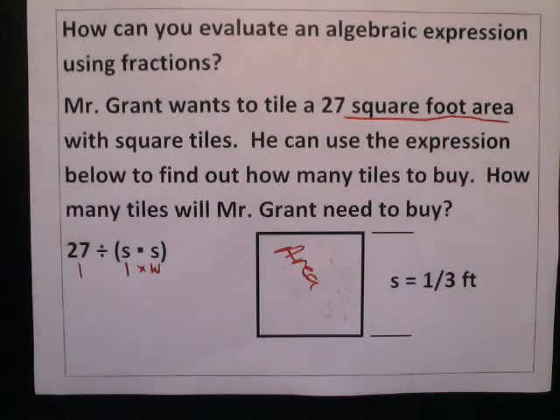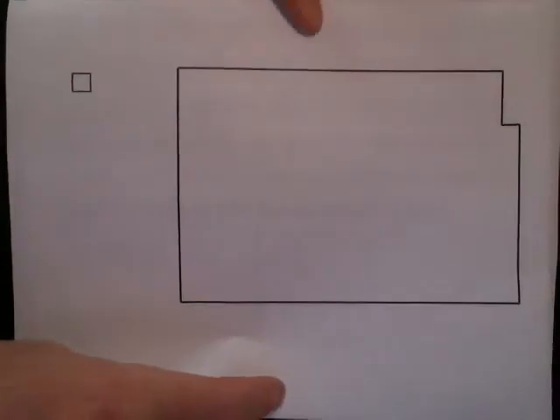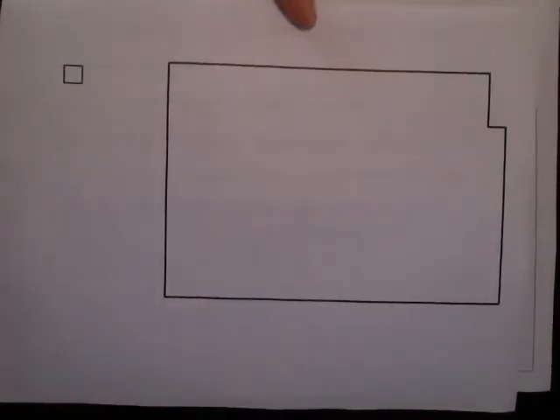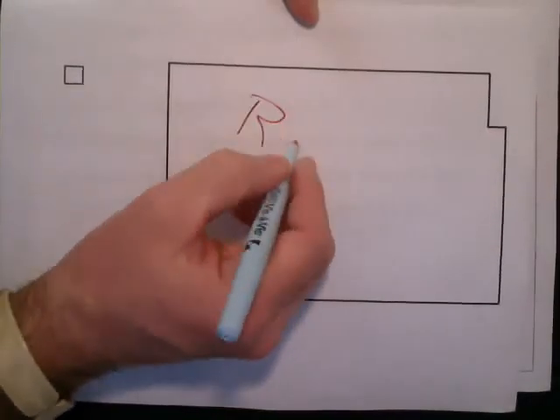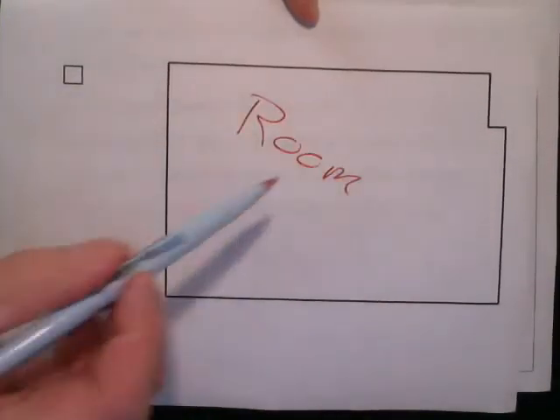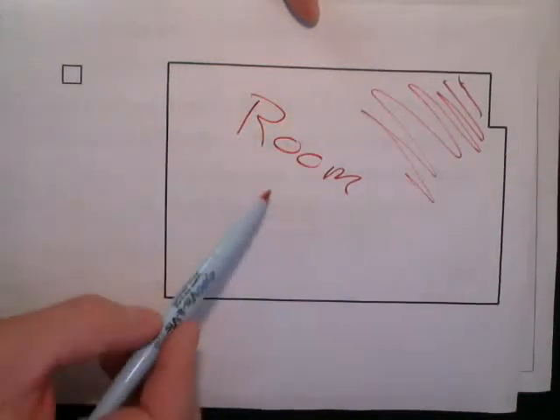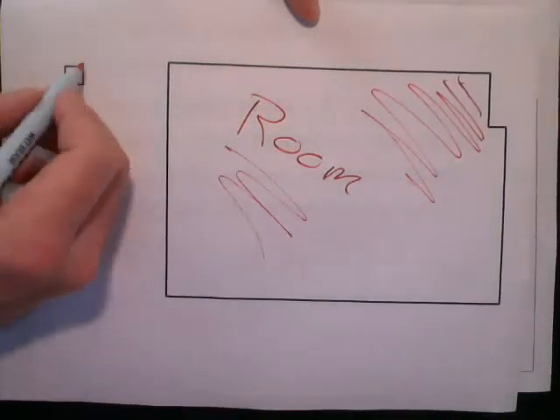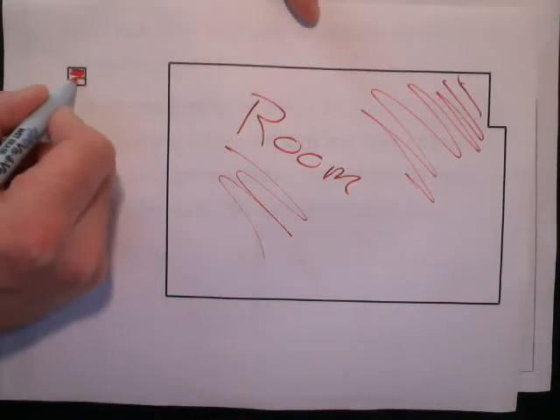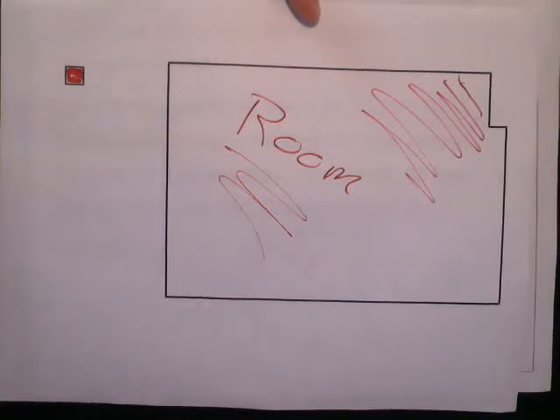In other words, what you're looking at is a situation that looks like this. This is the entire room, and he wants to cover it in tiles. Each tile is only this big and only covers that much area.